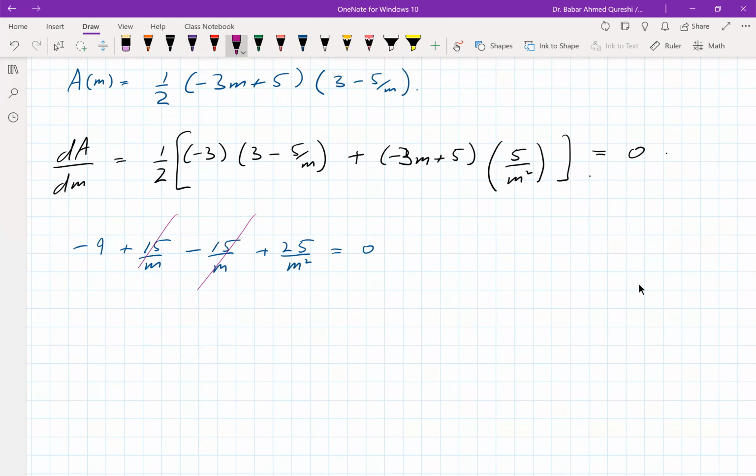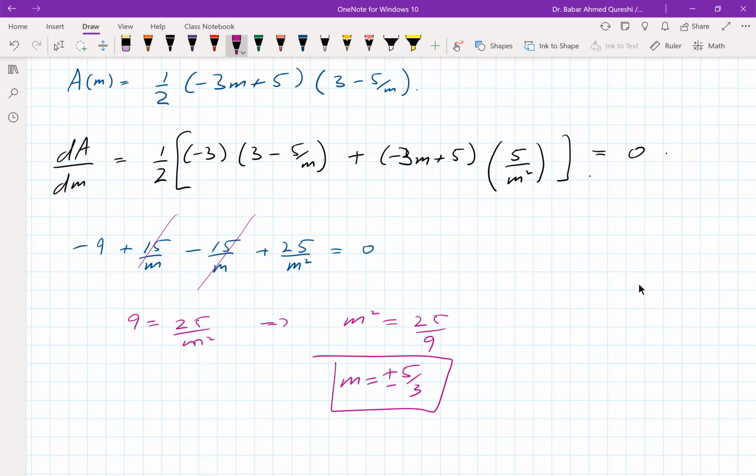And so I get m square, and m square is 25 over 9. So m is 5 over 3.